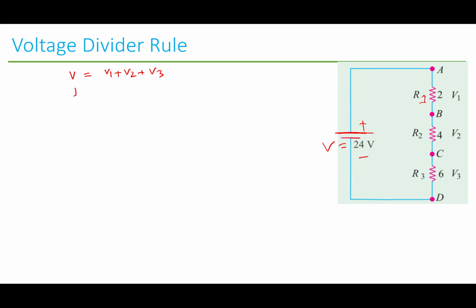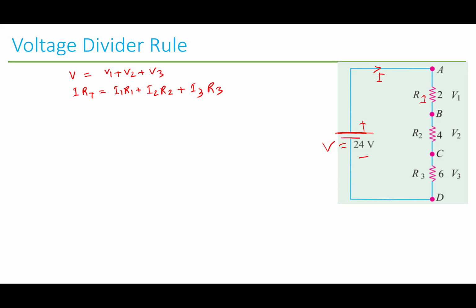So we can say that if the total current is I, then I RT equals V1, meaning I1 R1, plus V2, meaning I2 R2, plus V3 equals I3 R3.